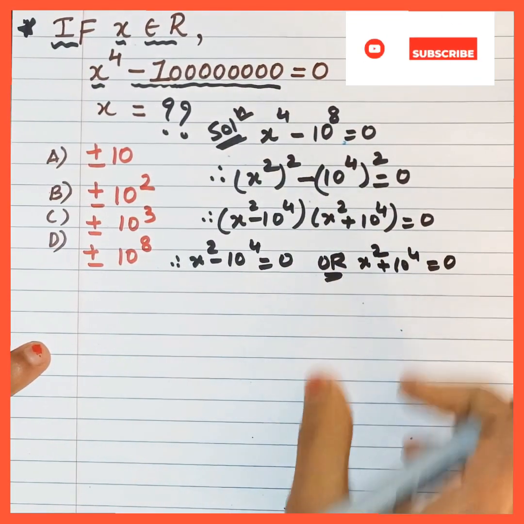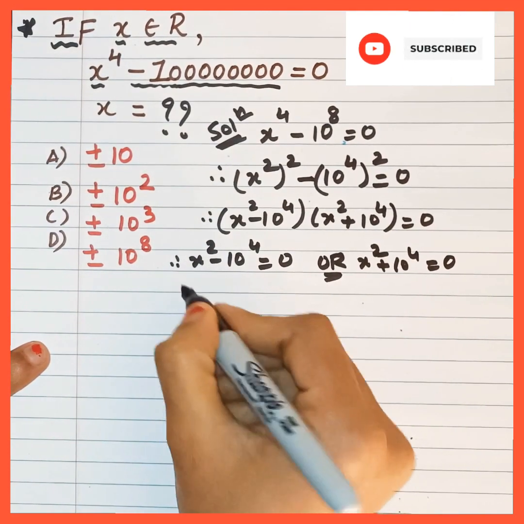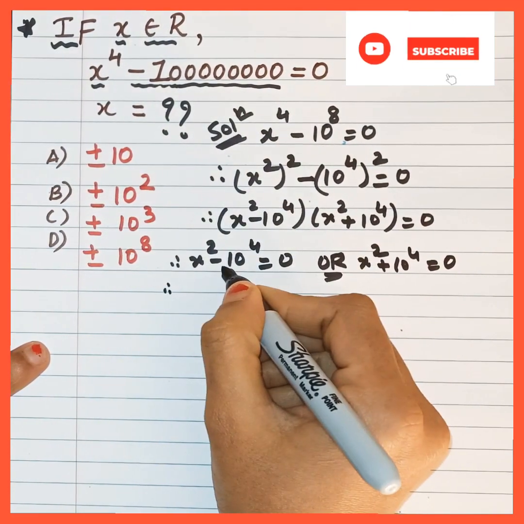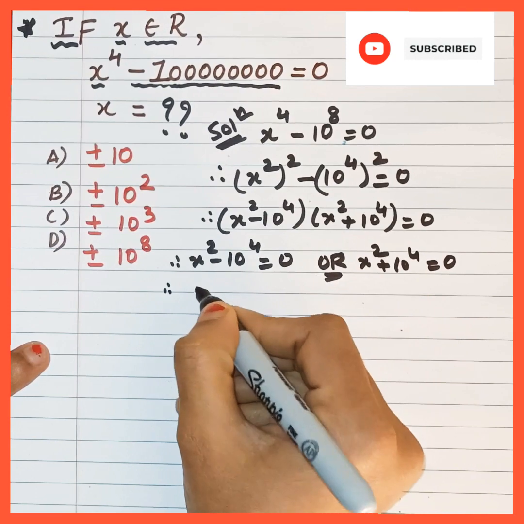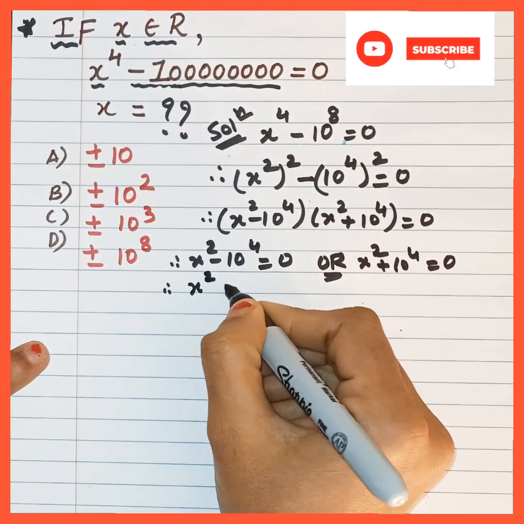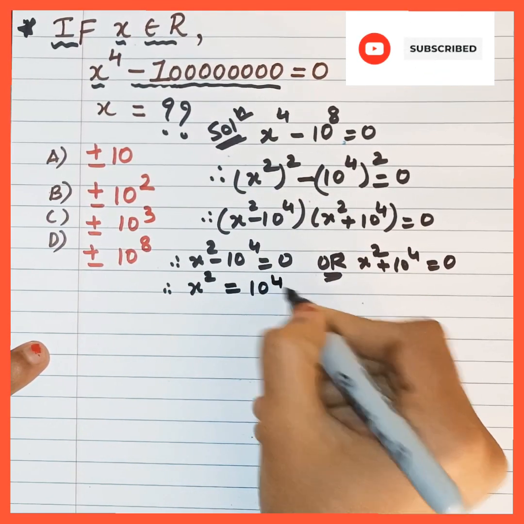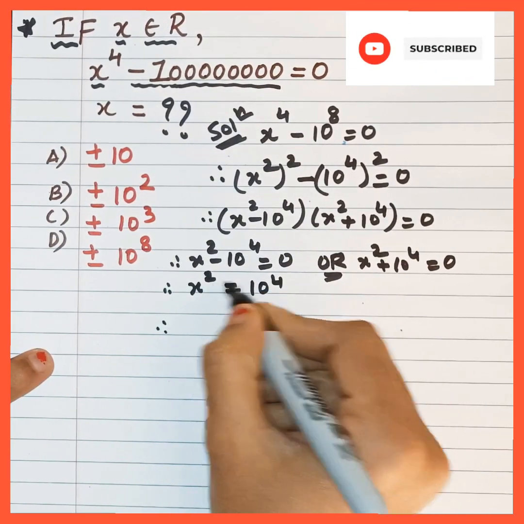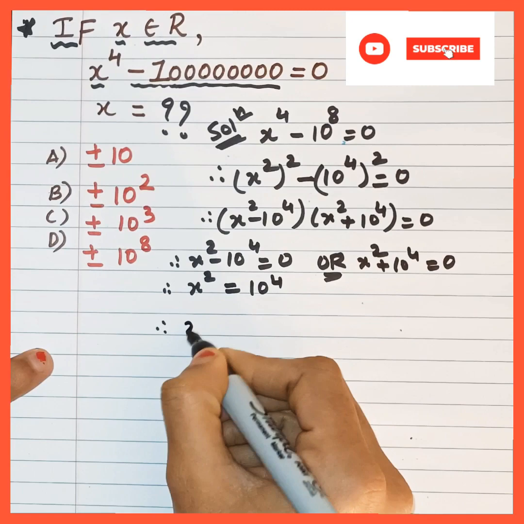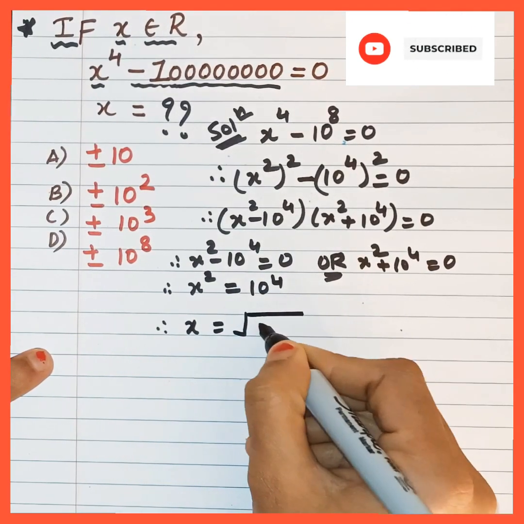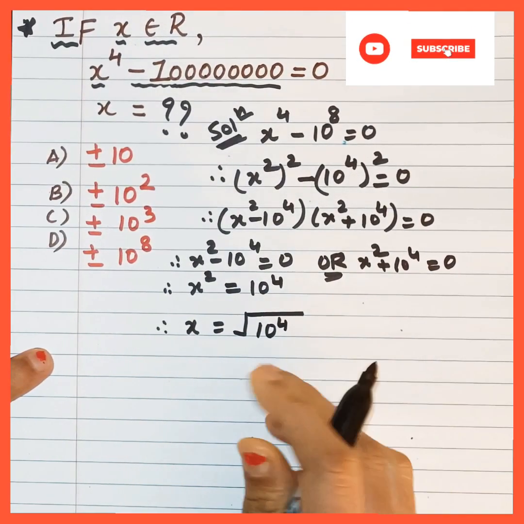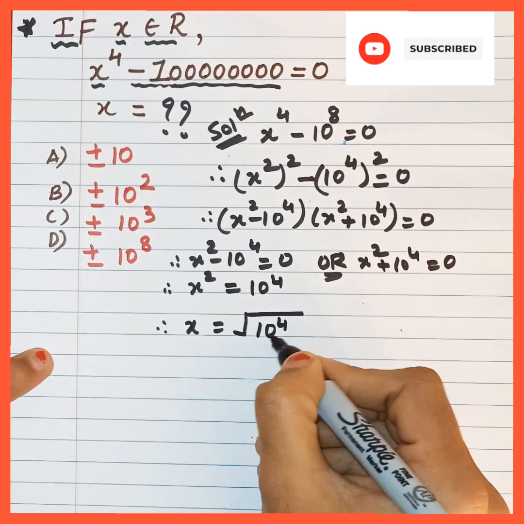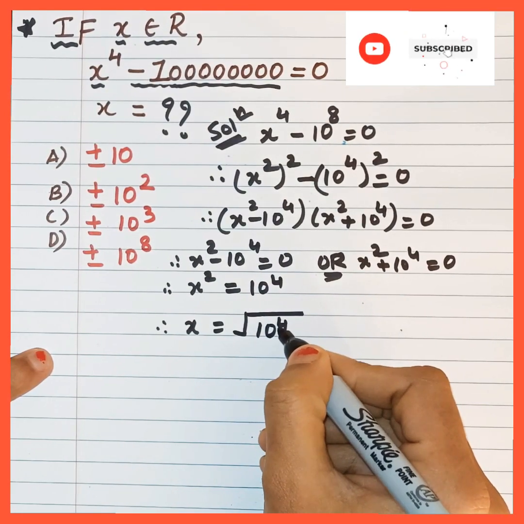Now solving both equations. Further, in the first one, we will take minus 10 raised to 4 to that side, so it will be x square equal to 10 raised to 4. Again, we take the square to the other side and it becomes root, so it will be root of 10 raised to 4. Now when you remove the root, 10 raised to 4 becomes 10 raised to 2.